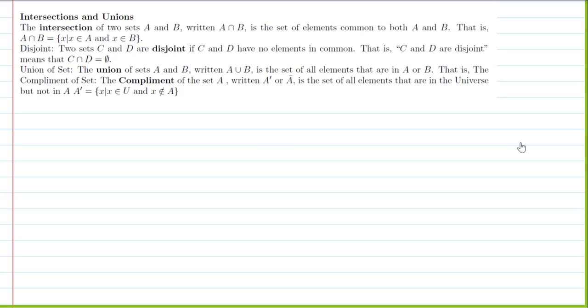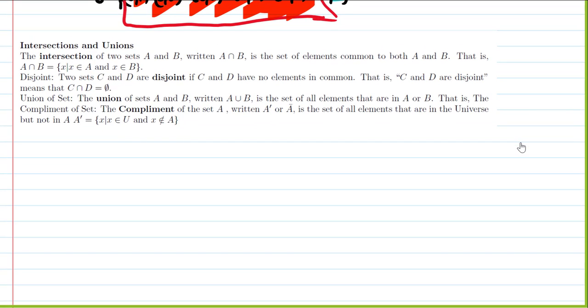So the intersection of two sets, A and B, written with this upside down looking U symbol, is the set of elements common to both set A and set B. That is, A intersect B is the set of all x's such that x is in A and x is in B. So this symbol is equivalent to the logical AND.